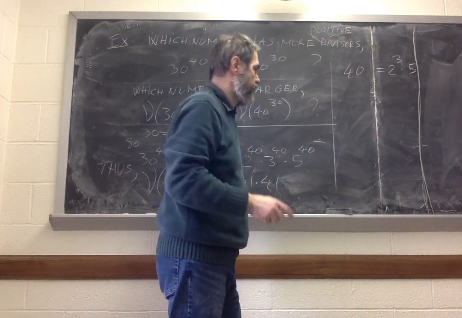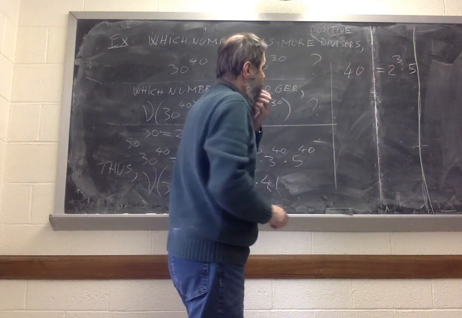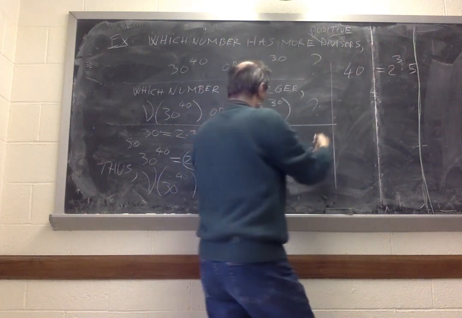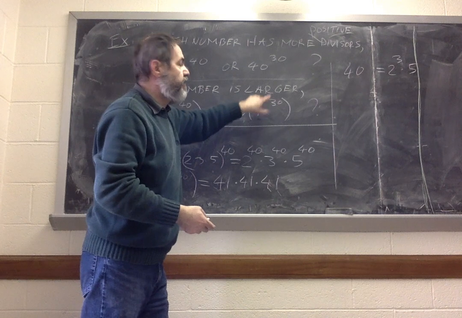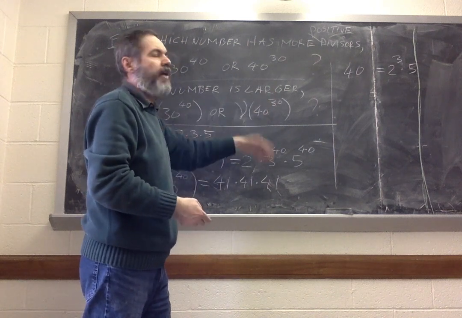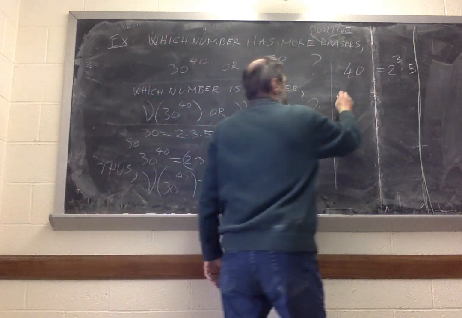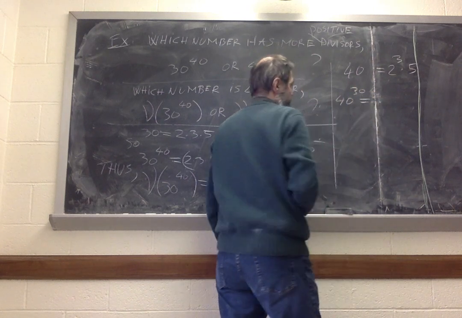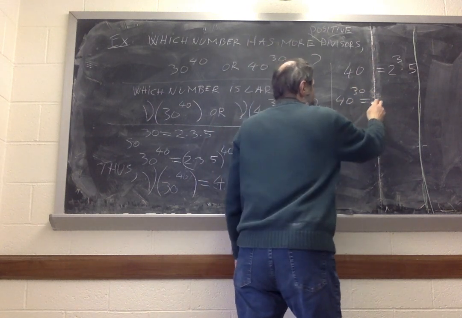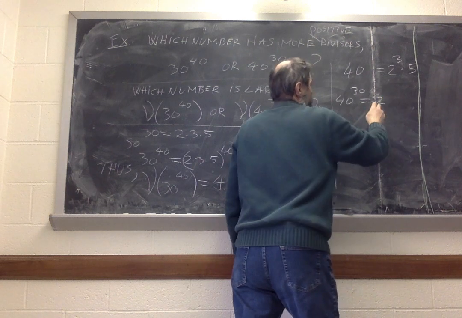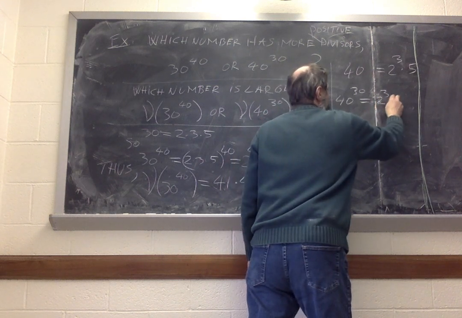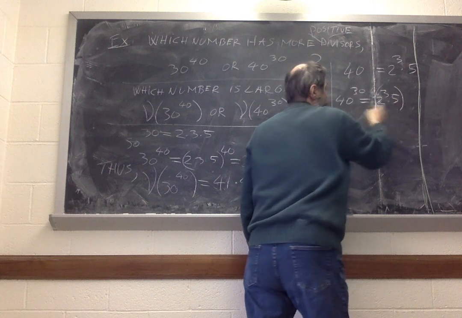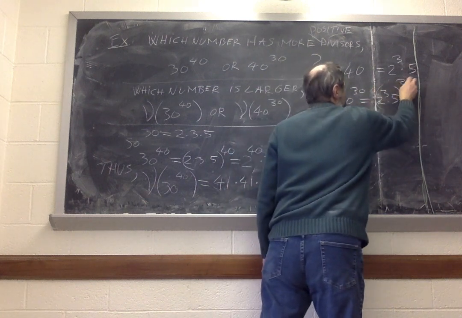Is it visible? Okay. Then I compute 40 to the 30, and then the number of divisors of 40 to the 30. So 40 to the 30 is equal to 2 cubed times 5, this being 40, this whole thing to the 30.